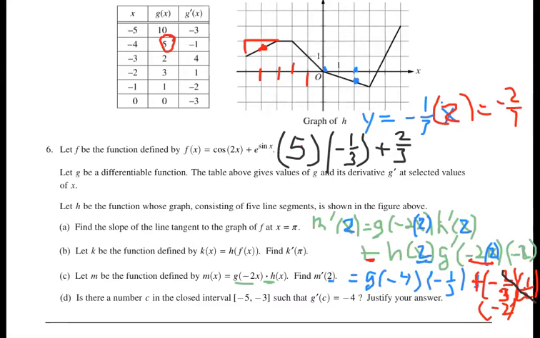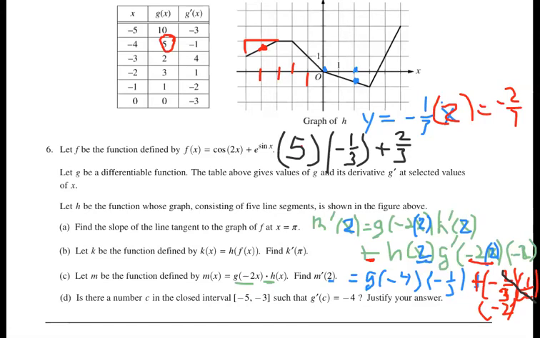Let's see. Looks like I skipped something somewhere. I'm looking for where I skipped. Let's see, G of -4 is 5. H prime of 2 is -1/3.